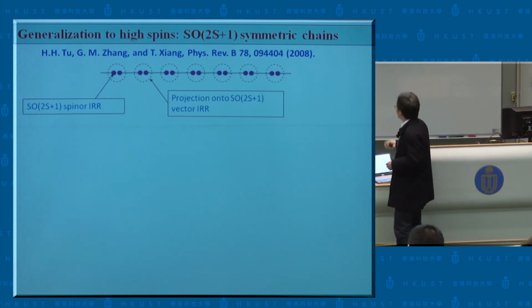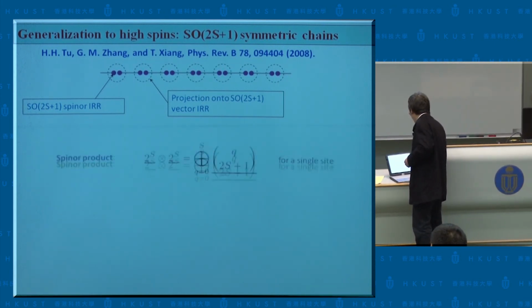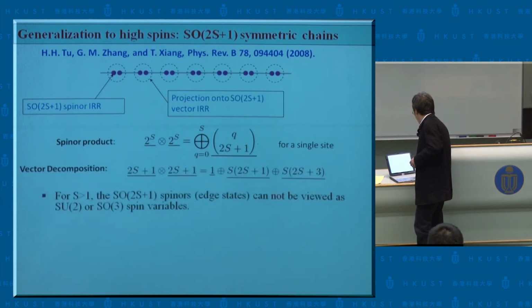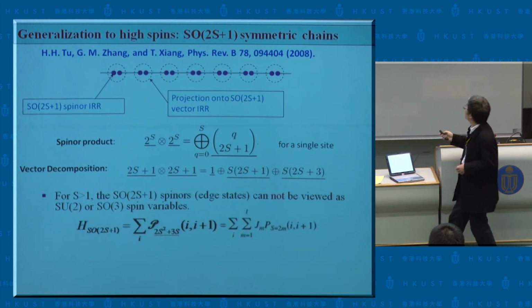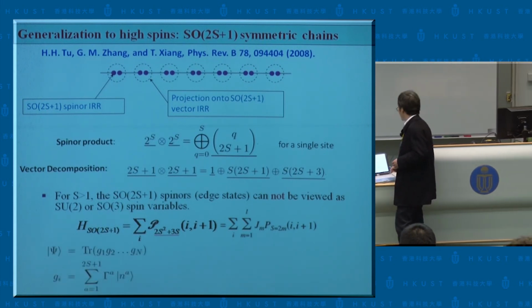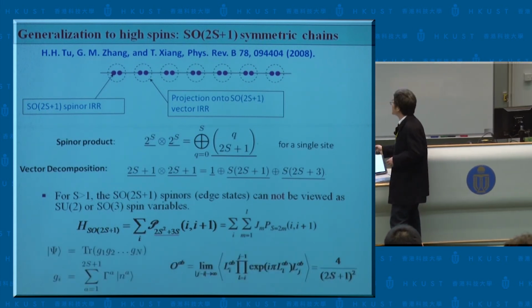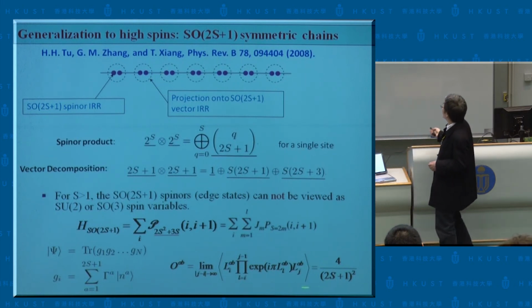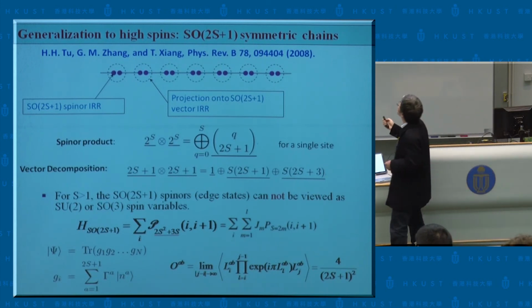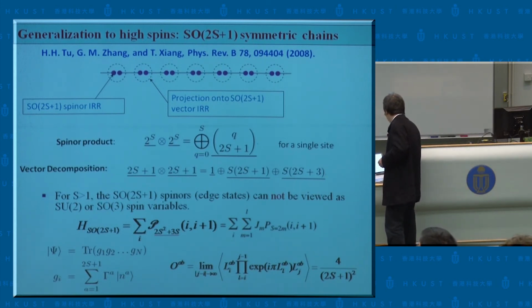We can carefully work out the algebra to construct the parent Hamiltonian and ground state wave function in terms of gamma matrices, and we can also write down the non-local string order parameter in the general case.